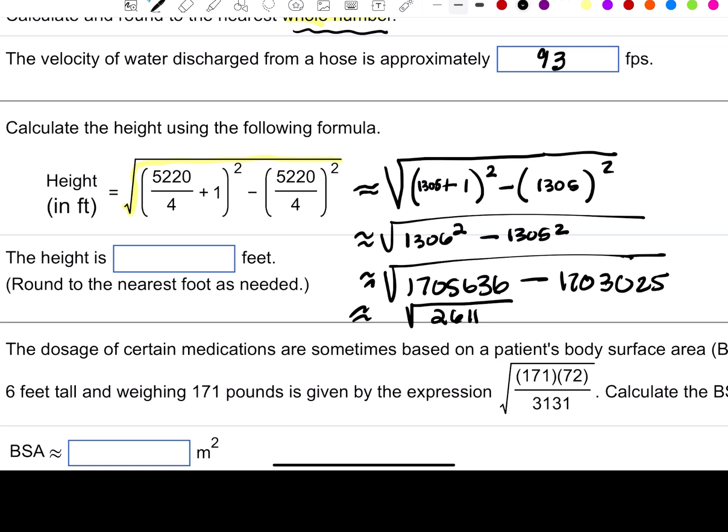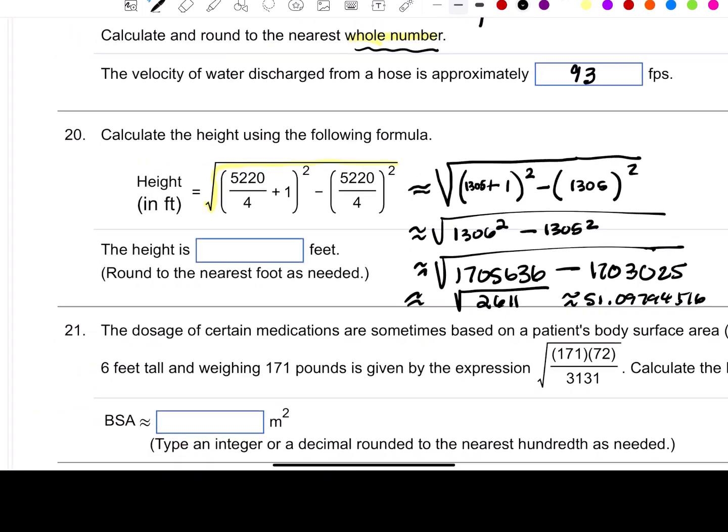And the square root of 2611 is approximately 51.09794516. I'm just giving you all the digits in my calculator.